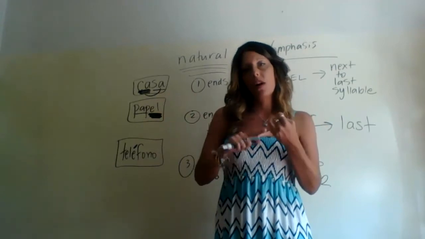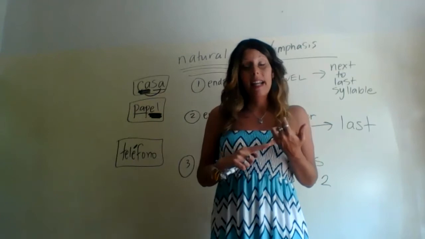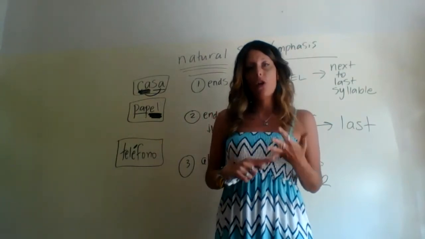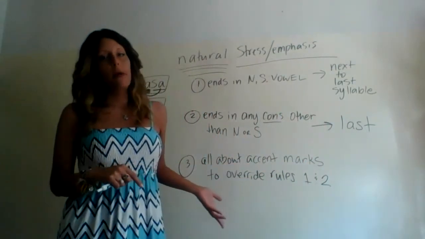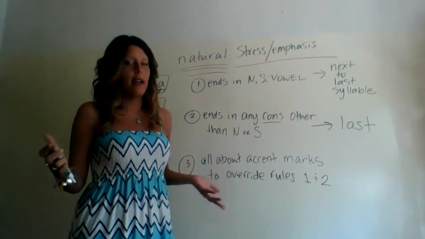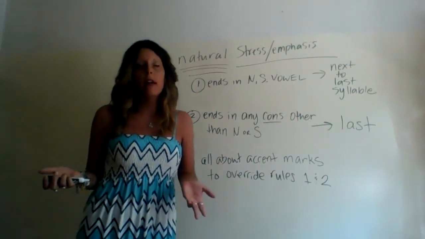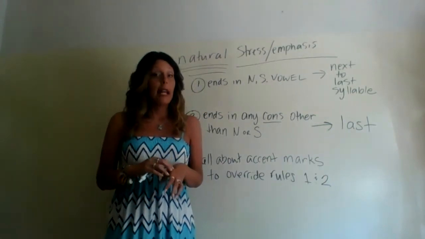Because remember, rules 1 and 2 are all about what a word sounds like, where the emphasis in the word naturally is when there is no written accent mark. So we say that rule number 3 is all about accent marks and how accent marks override rules 1 and 2. Let's see how that happens with the example word that I've given you, teléfono.